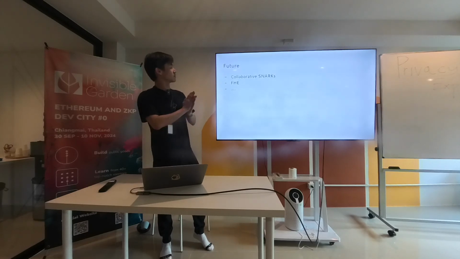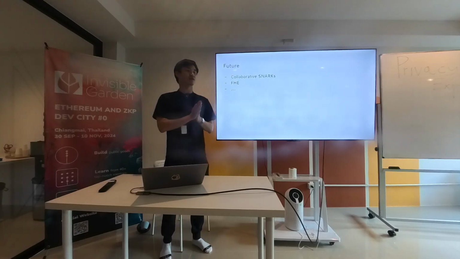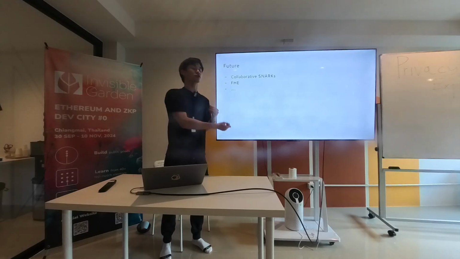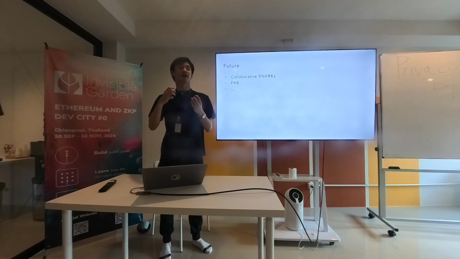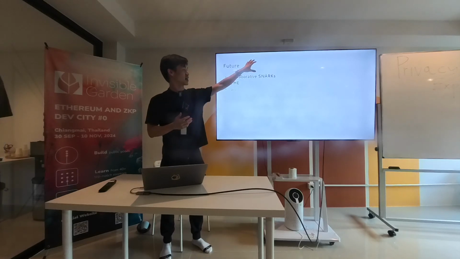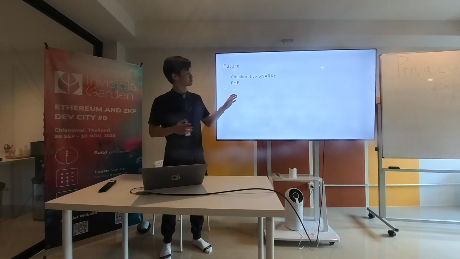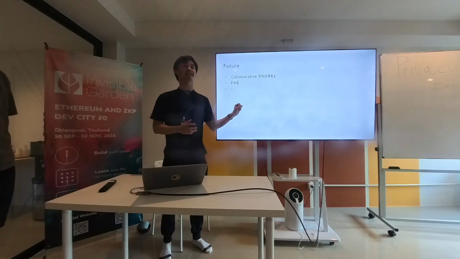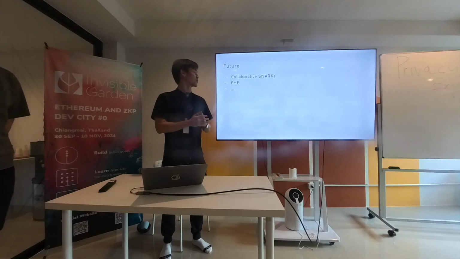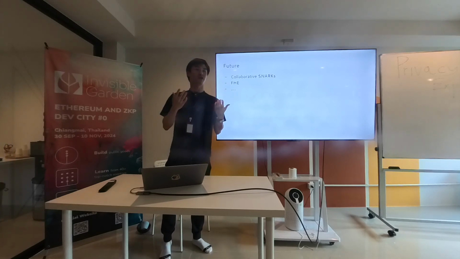Yeah, in the future, we have something called collaborative SNARKs, which basically lets us create a zero-knowledge proof to make sure that this computation is actually computed from the function that we want, right? Again, because we are the data provider, the data consumer isn't involved in the computation itself. We have no way to know if they really run that function, but with collaborative SNARK proofs we can do that.